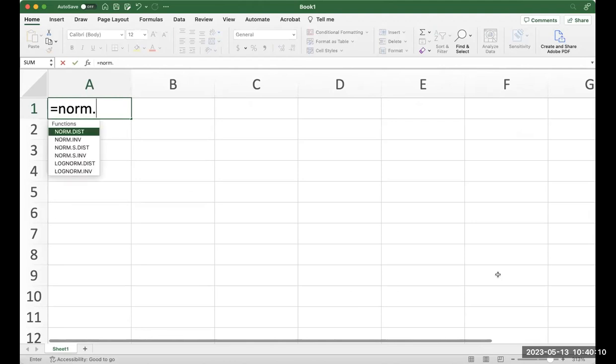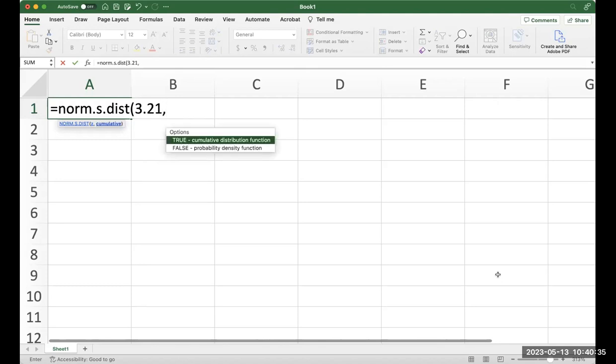We use the standardized distribution. We used norm.s.dist. And then it says here, put a z in, and that's it. And then it says put cumulative. Okay, so the z was 3.21. And then I'm going to say, yes, I want the cumulative function. In other words, I want all the numbers to the left added up. So I hit 1 or true.